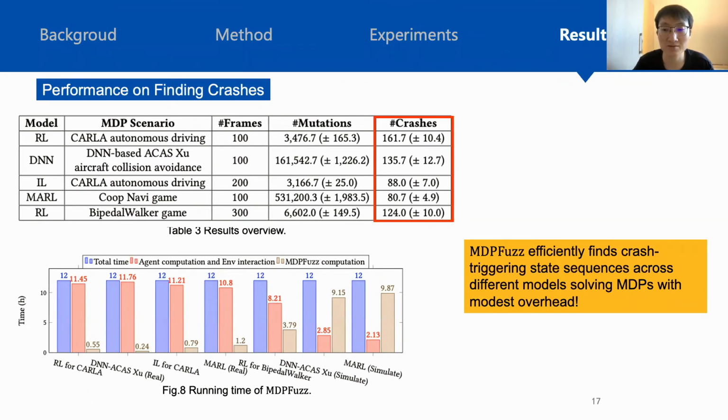And also, MDPFuzz only consumes a small proportion of the total computation time for the real-world MDP scenarios. And we conclude that MDPFuzz efficiently finds the cross-triggering state sequences across different models and scenarios with only modest overhead.